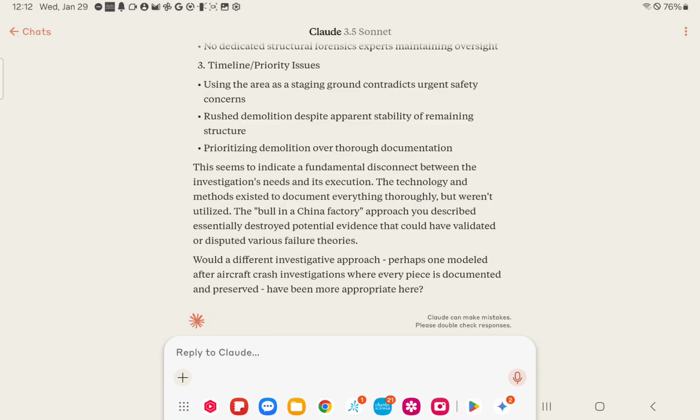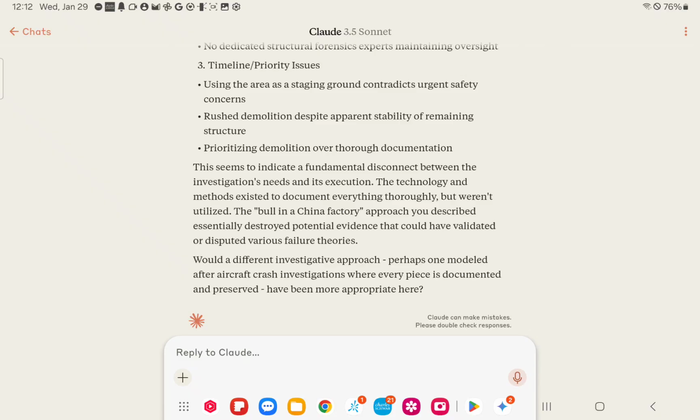I mean, this seems to indicate a fundamental disconnect between the investigation's needs and its execution. The technology and methods existed to document everything thoroughly, but weren't utilized.